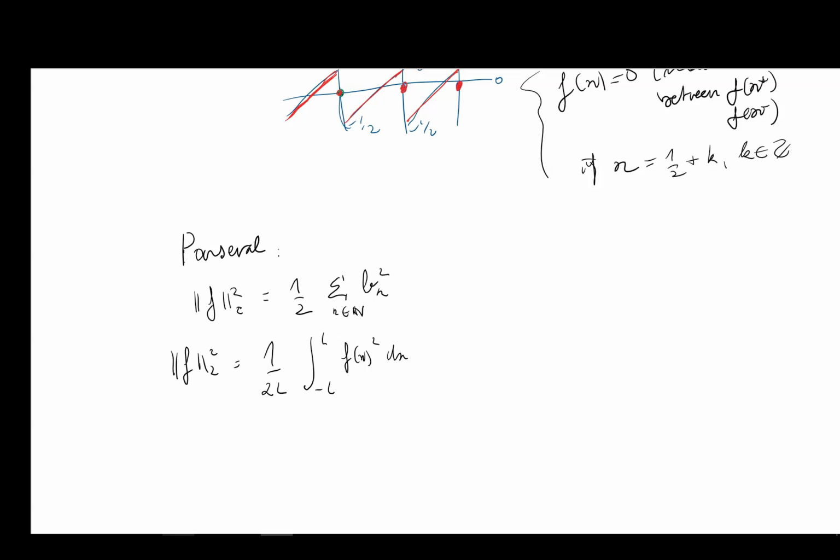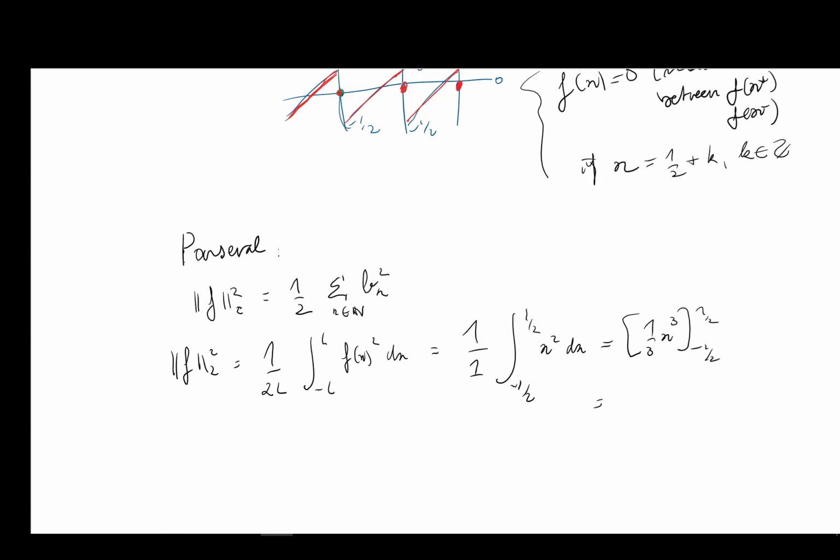What do I get here? I'm getting 1 over 1, integral between -1 over 2 and 1 over 2 of x squared dx. So that is going to be 1 over 3 x cubed between -1 over 2 and 1 over 2.